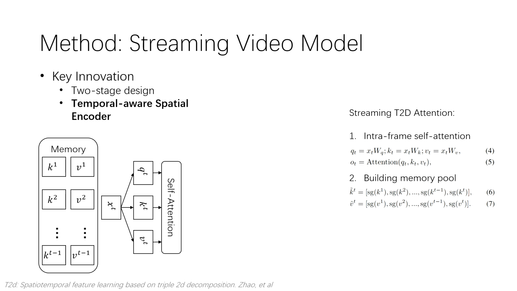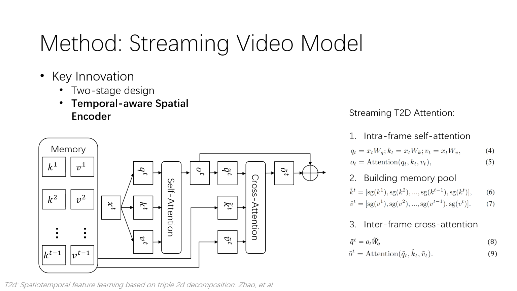Hence, in the forward pass of the first frame, the memory pool contains only the keys and values of that frame, and in the forward pass of the T-th frame, the memory pool stores all keys and values from past timestamps. We then compute the interframe cross-attention between a newly generated temporal query Q_T and the stored keys and values from the memory pool. For this, we leverage the T2D attention to enhance efficiency. The details of the T2D attention mechanism can be gleaned from the reference below.